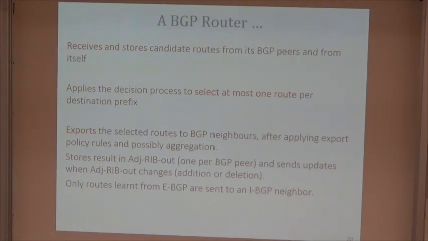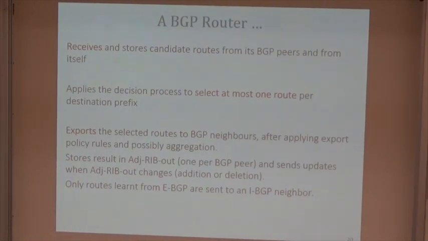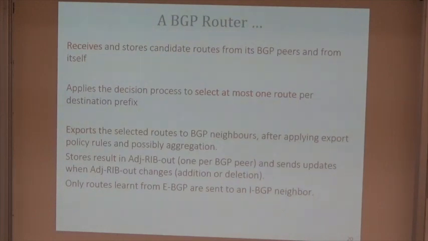And what a BGP router says to the rest of the world is always based on what it itself has kept. So even if a BGP router knows there are two routes to a given domain, it will give to the other BGP routers only one route, including internally in the mesh. So this is also very different from OSPF.